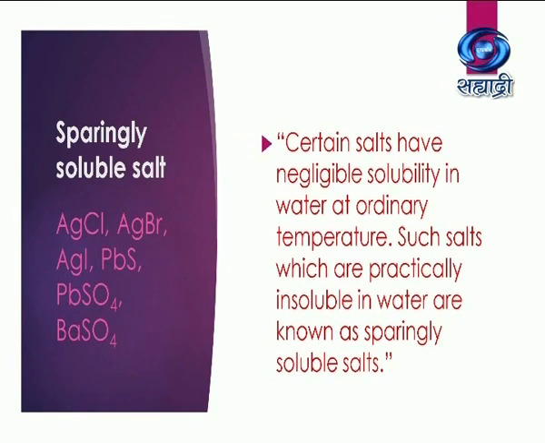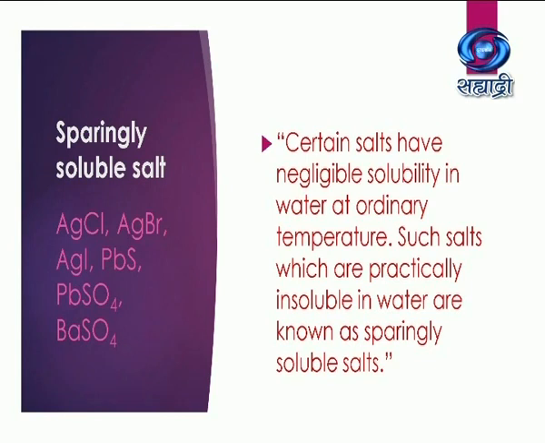Now before we find out what is solubility product, let's first find out the meaning of a few terms. The very first term is sparingly soluble salt. These are salts which have negligible solubility in water at ordinary temperature.